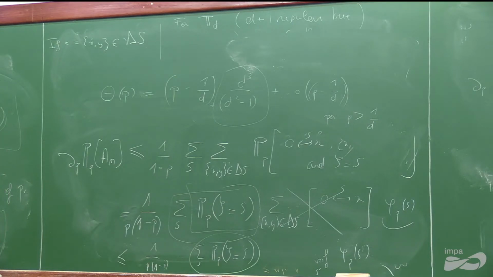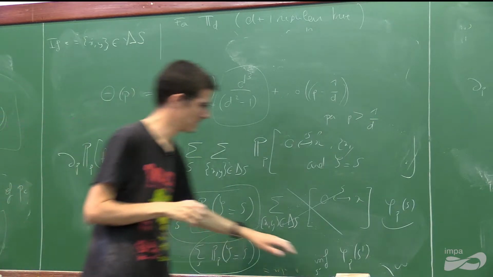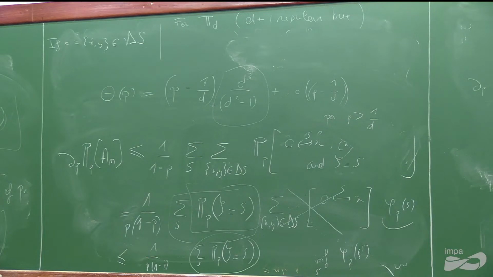Okay, so what we are going to do tomorrow, and I think this will kind of close what we will do on percolation, at least in this setup, will be to look specifically at Z2, and try to see things that are very specific to dimension 2.